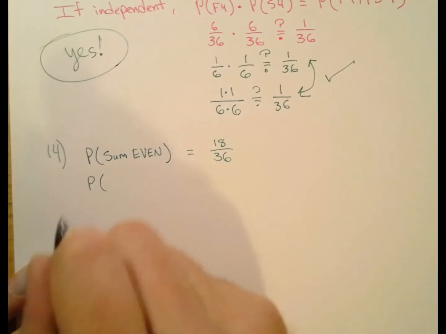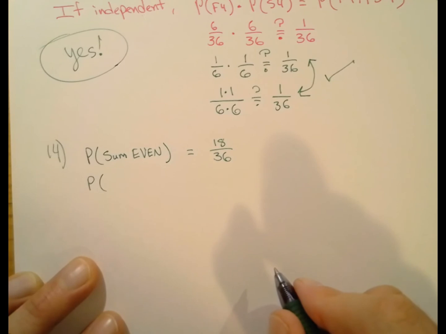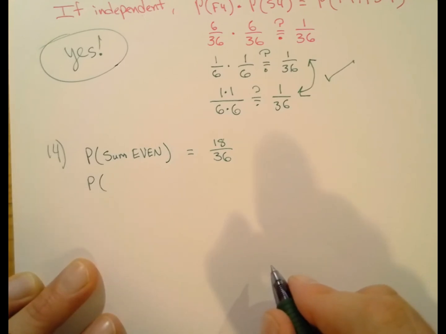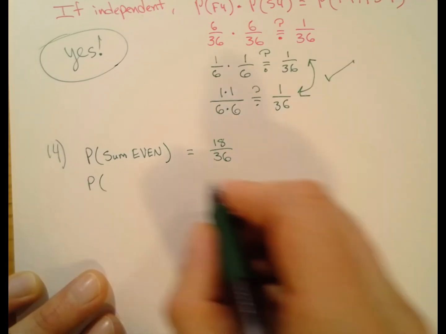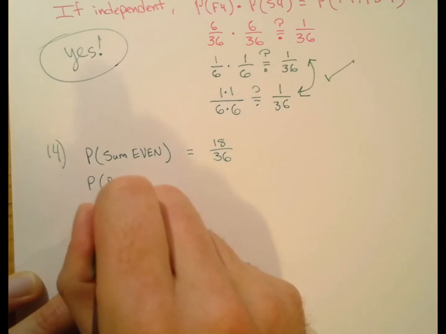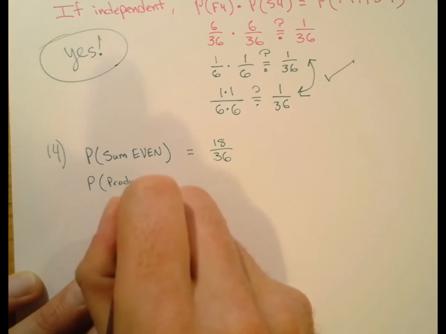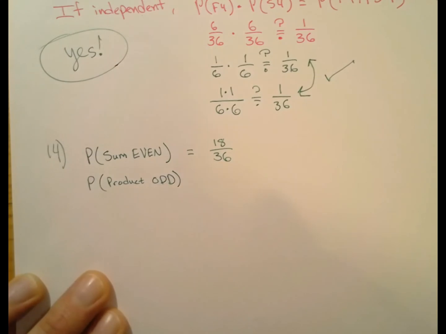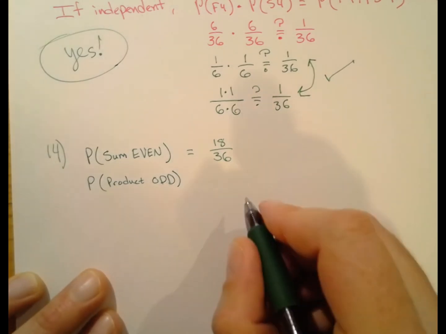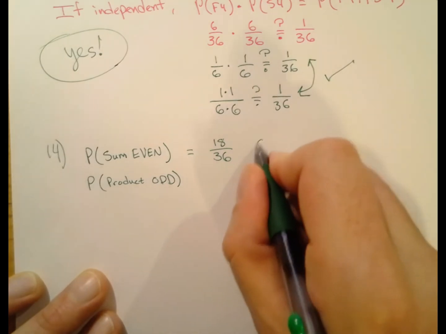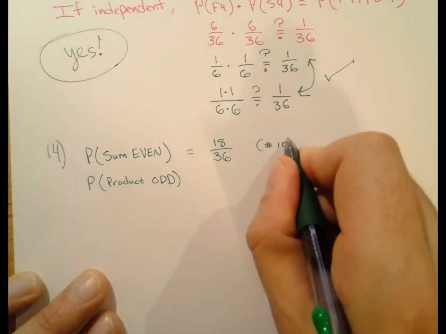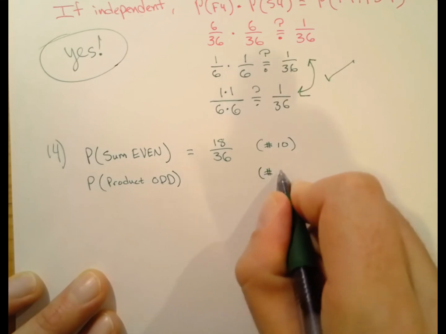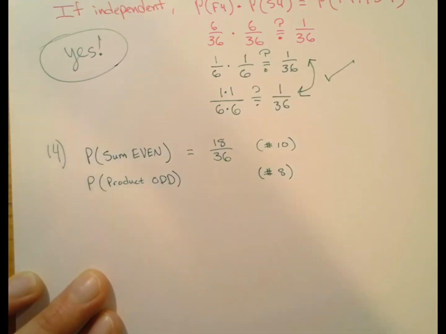The probability that the product is odd, which is number 8, you just kind of count the list.